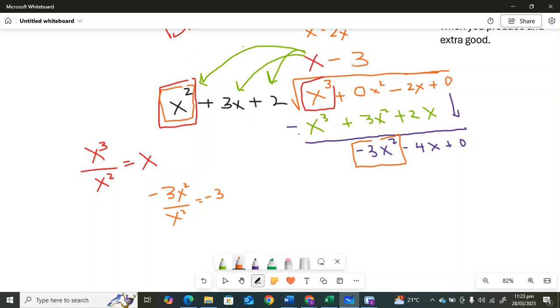So we've done the division. Step 2, multiplication. So you're going to say negative 3 times x squared, negative 3x squared. Negative 3 times 3x, you get negative 9x.